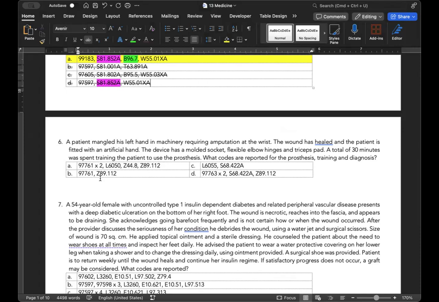So 97761 is prosthetic training, upper and lower extremities, initial prosthetics encounter, each 15 minutes. So that sounds like what we did, right? So we're going to rule out C and D.